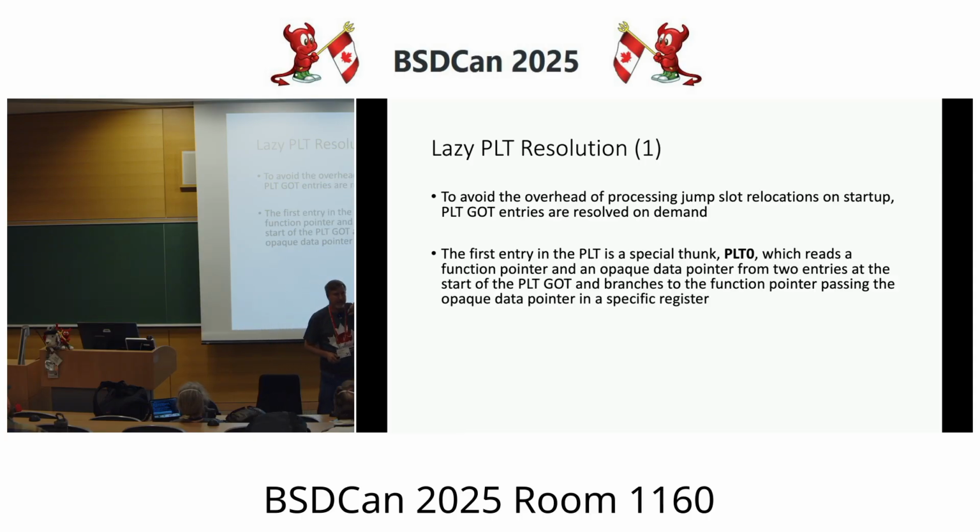Instead, they jump to this PLT0 stub, and as part of the way PLT stubs are defined, they pass along, usually in some register, the index of the given PLT stub in the PLT. So you kind of know which PLT stub you are. On some architectures, you can use the return address to figure this out. On x86, it's actually this little instruction at the bottom of the PLT stub that puts a value in a register. But effectively, we can figure out, when we get into PLT0, which PLT stub you're from.